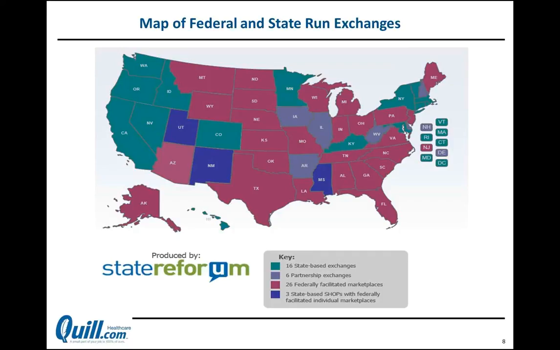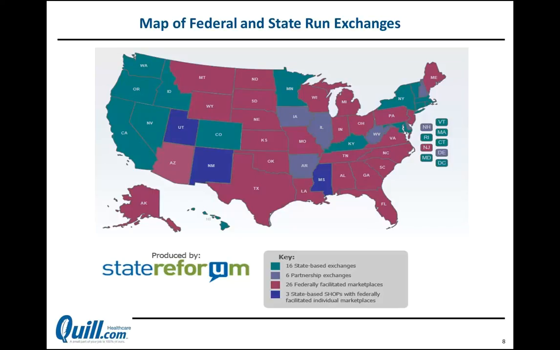Now, the latest map shows that basically of the states that are now participating, which are all of the states, we have essentially 16 state-based exchanges, 26 federally facilitated exchanges, and then 3 SHOP-based, which are really small business exchanges that enable small businesses to offer benefits to their employees.